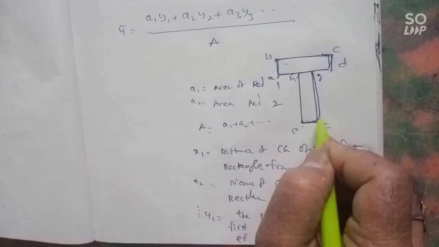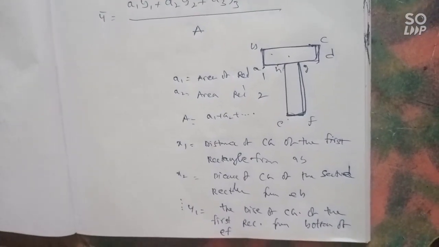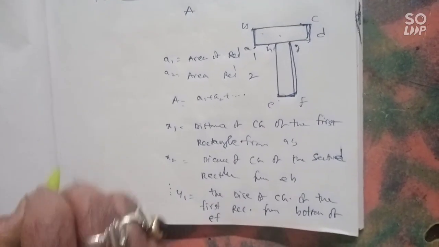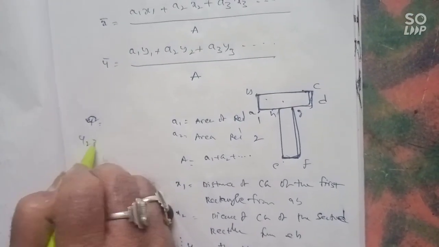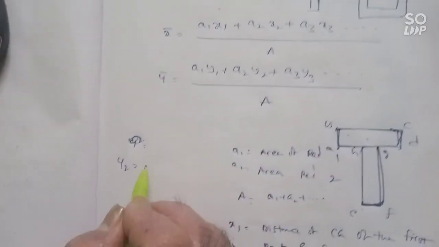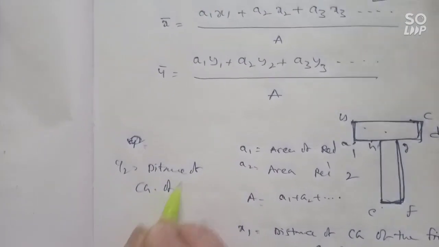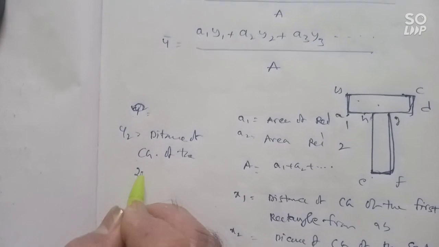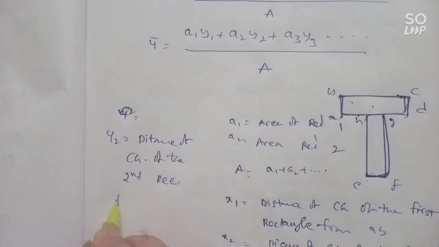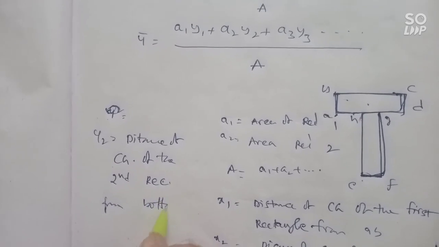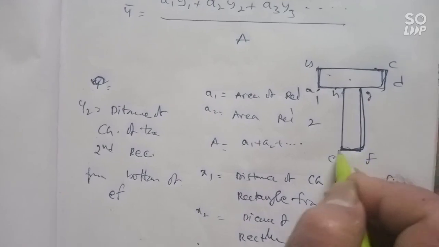From here we need to find the center of gravity for the first rectangle. Similarly, y2 is the distance of CG of the second rectangle from the bottom of EF.